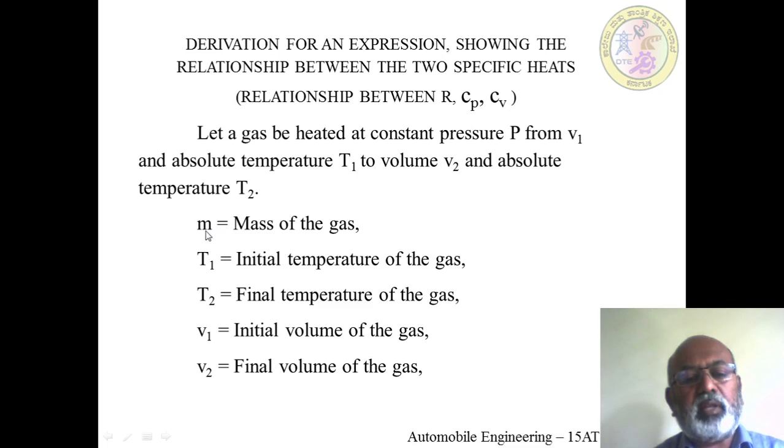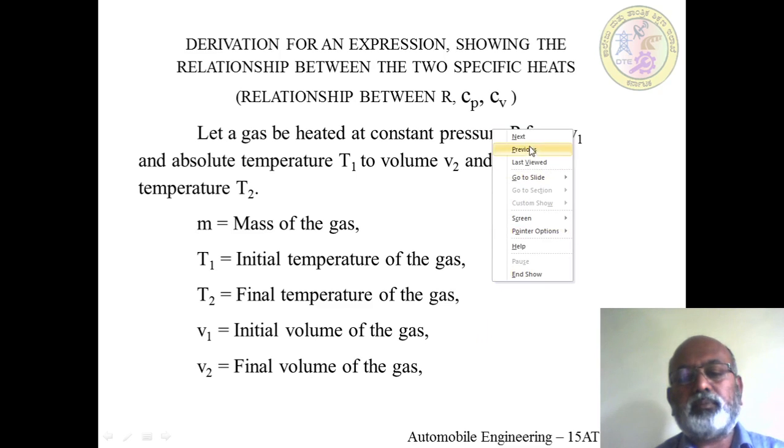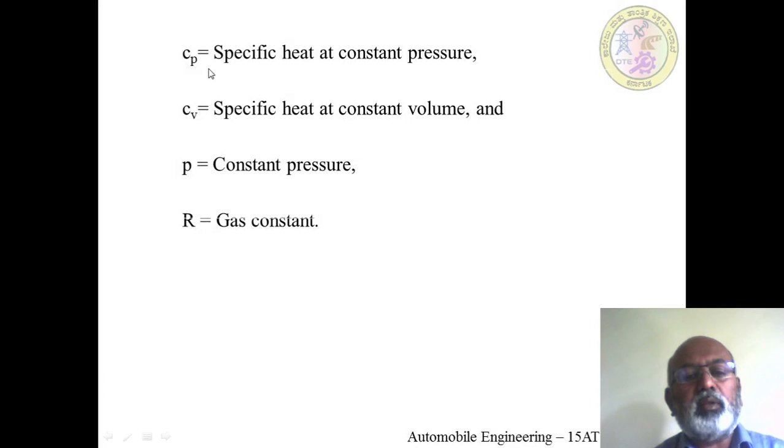Now we will see what each symbol stands for. The small m is mass of the gas, T1 is initial temperature, T2 is final temperature, V1 is initial volume, and V2 is final volume. Cp is specific heat at constant pressure, Cv is specific heat at constant volume, P is constant pressure, and R is gas constant.